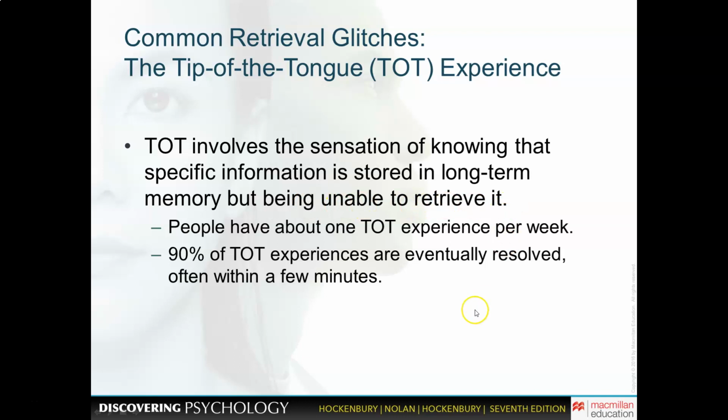We say, boy, it's right on the tip of my tongue, but I just cannot say it. Researchers have discovered that people have about one tip of the tongue experience per week. That's an average, a broad generalization.